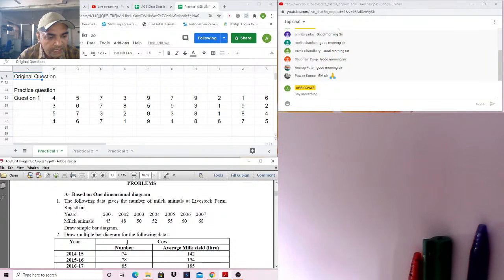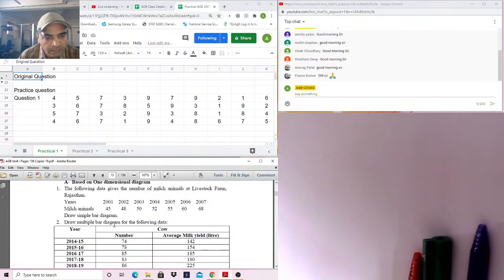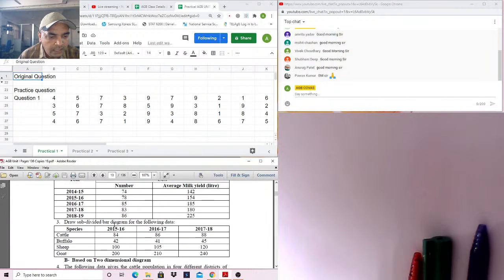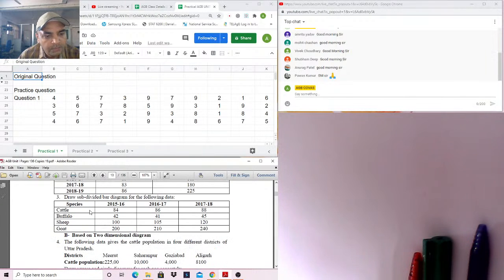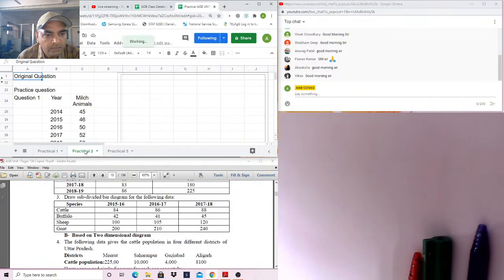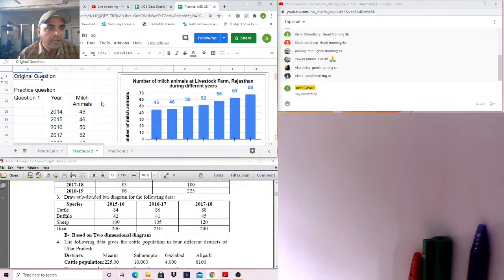Then we completed the multiple bar diagram, and then we were moving on to subdivided bar diagram. At that time, instead of the subdivided bar diagram, I had made this multiple bar diagram. So I told you that tomorrow we will be taking this up. So we will be taking up the subdivided bar diagram today.